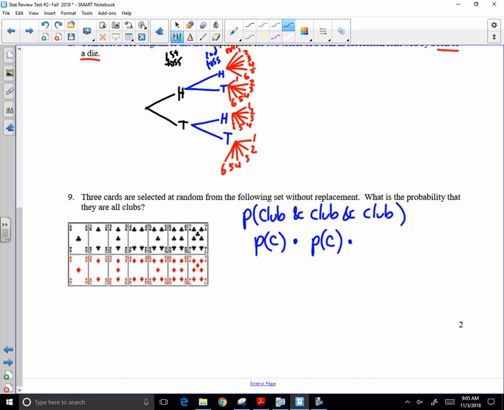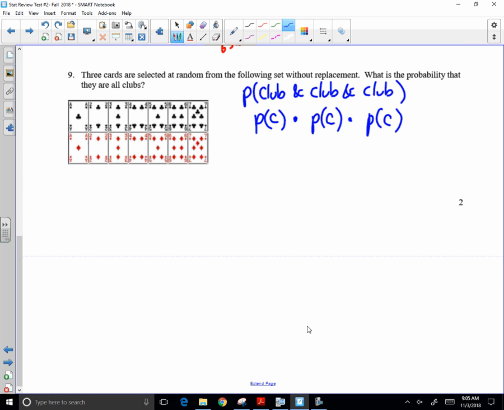Probability of club times probability of club times probability of club, as long as you know that after you select the first club, the probability is going to change when you go to get the next club. Right? As long as you know that, then you don't have to write the fancy notation that I used. So I don't even want to bring it up now because it'll be counterproductive, I guess.